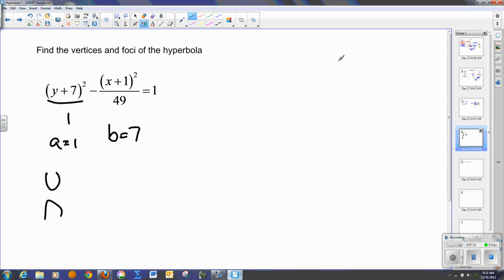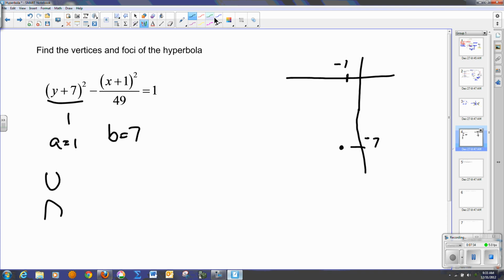So I'm going to start sketching this out again. And you'll notice that my x value of the center is -1, my y value of the center is -7, like so. And there's my center.